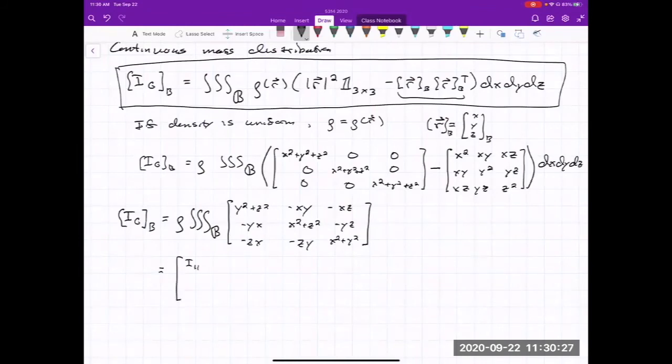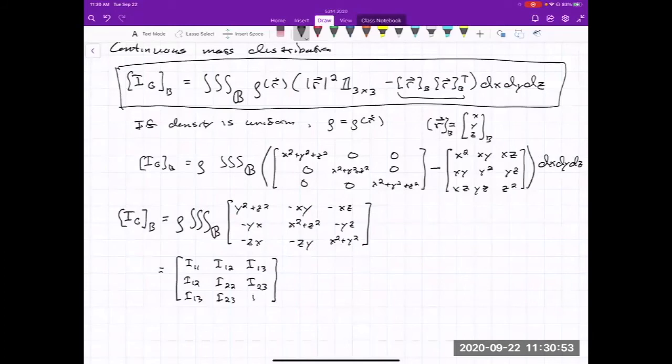So we have the entry I11, and then we have I12, I13. But notice that I12 is the same as I21, so I'll just write I12 over here as well. And then we have I22, I23. This is I13, because negative ZX is the same as negative XZ.